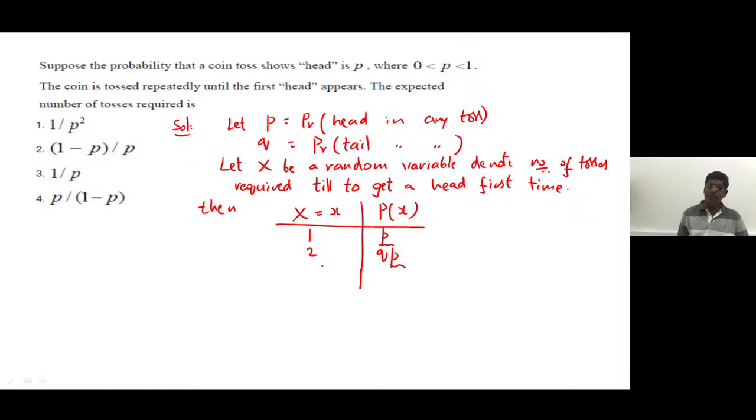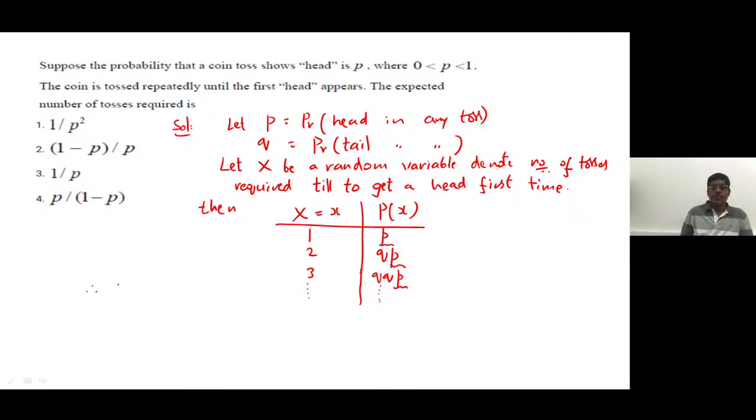Now if you do not get head in the second toss either, you have to toss a third time, that means X value 3 tosses, and the corresponding probability is q into q into p: not getting head in the first toss, not getting head in the second toss, getting head in the third toss. We don't know how many times we are playing, so this is an endless game. We cannot say the maximum number of times, because we cannot expect head on the 10th or 100th toss, so it is continuously playing.